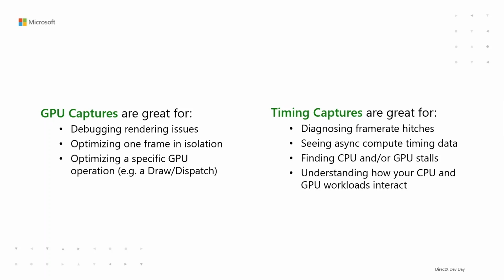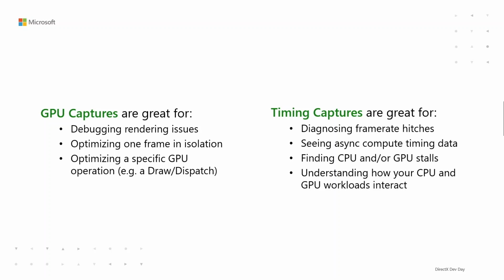Now that we know roughly how they work, let's talk about the kinds of problems that they can help you solve in your game or application, and how they can make it run even better on Windows 10. Well, GPU captures, they're focused on the what, like what exactly was your game or application doing during that captured region. They are great at helping you, say, debug rendering issues in your game or application, such as corruption and lighting issues and things like that.